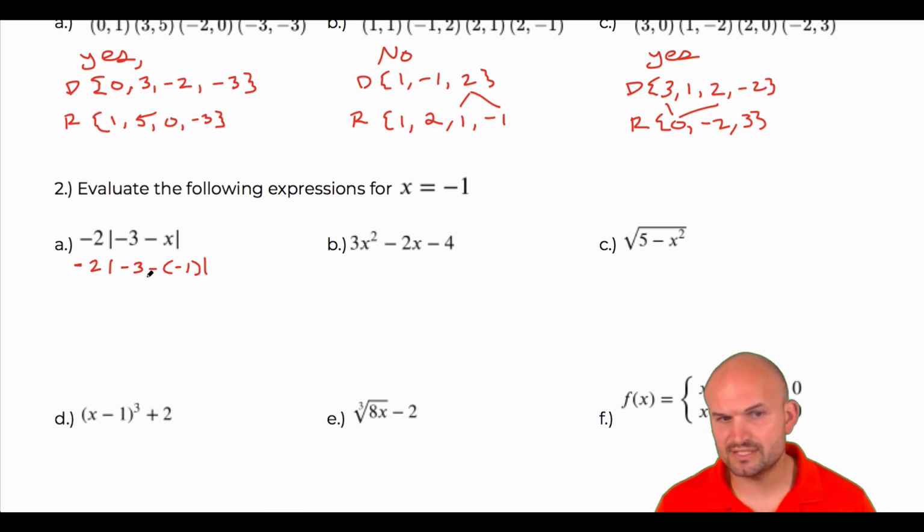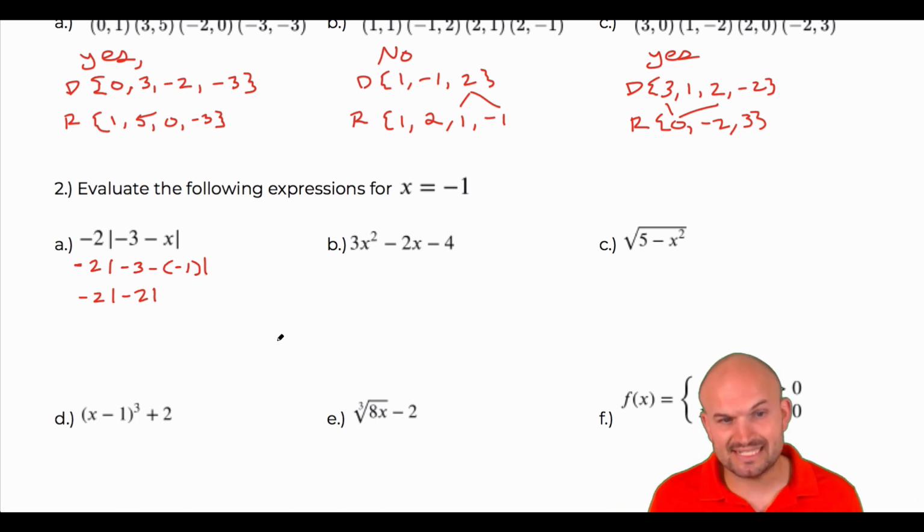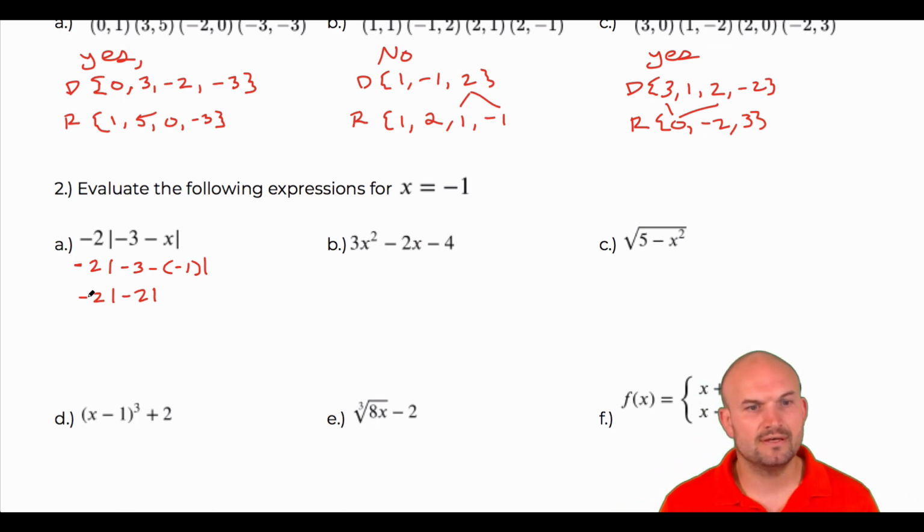Now, just be careful here, the double negative. So this is -3 minus a -1. So it's like, that's really adding a positive one. So I have -2. So that becomes the absolute value of -2. Remember, the absolute value is like the absolute distance from 0. So it's always positive. So therefore, this becomes -2 times 2, which is -4.